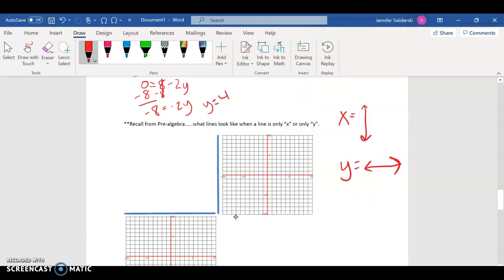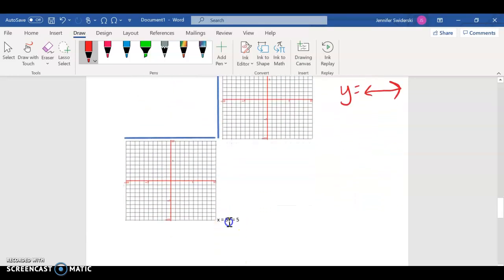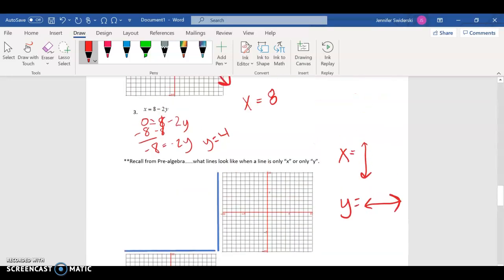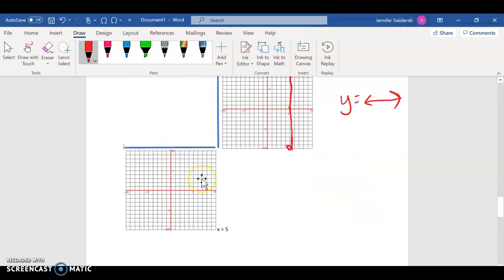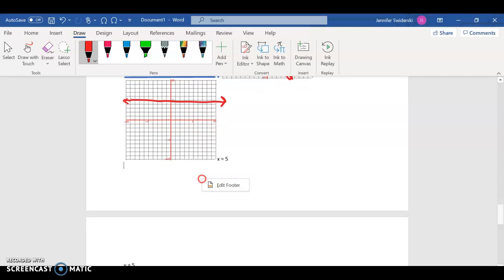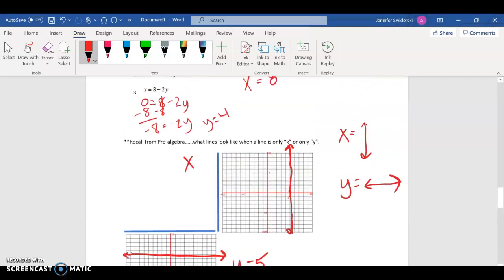So here, if I have x equals 5 versus y equals 5, when x is 5, it's called an undefined slope. And when y is 5, it crosses my y-intercept. No matter what, y is always going to be 5. So this one is y equals 5, and this one is going to be x equals 5.